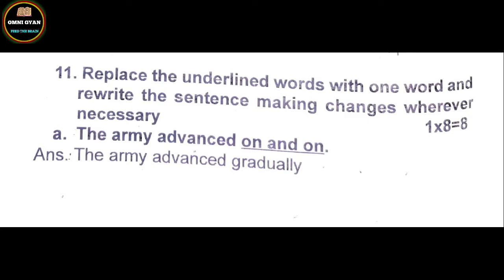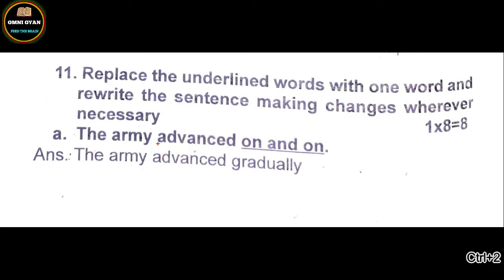They give you certain one word substitutions which we use in our day-to-day life, in our daily speech also. And another thing is that you can make necessary changes in the sentences. Here it is not required, but in the coming sentences we'll see that some necessary changes can be made accordingly. Okay, so let us discuss.